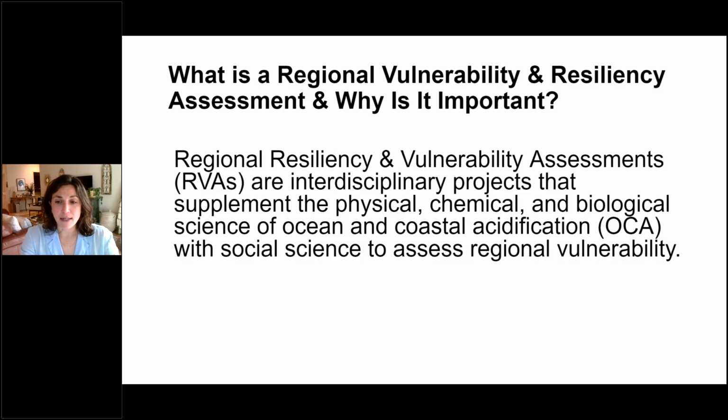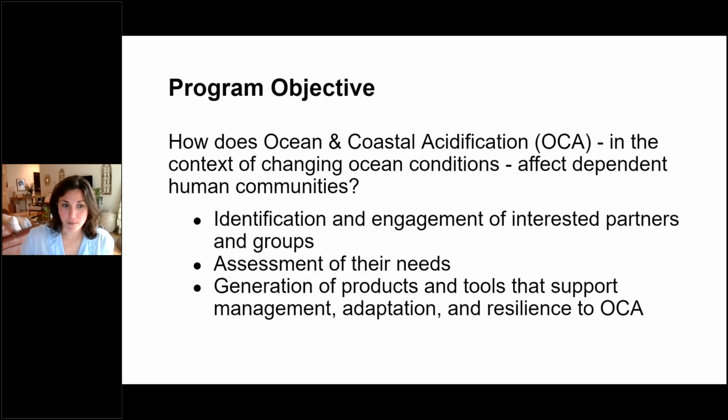This information is intended to provide national to local marine resource decision makers with information in order to develop adaptation strategies to ocean and coastal acidification, as well as the related stressors or impacts that are affecting our ocean and coastal ecosystems, as well as ecosystem services and the human communities that depend on them.